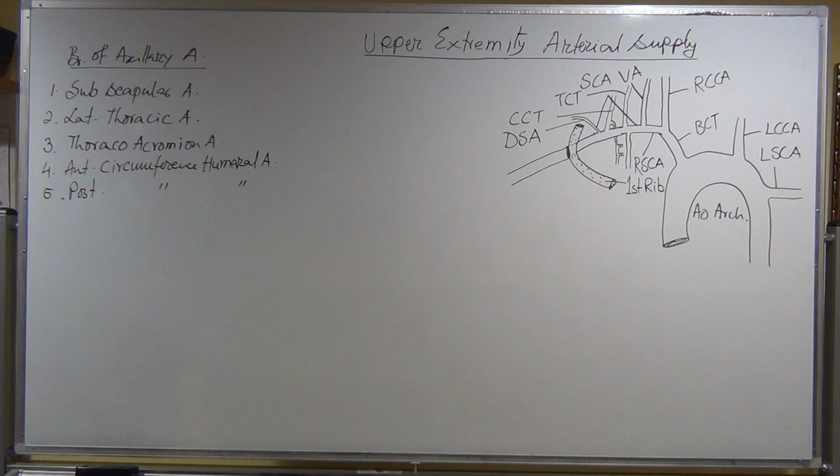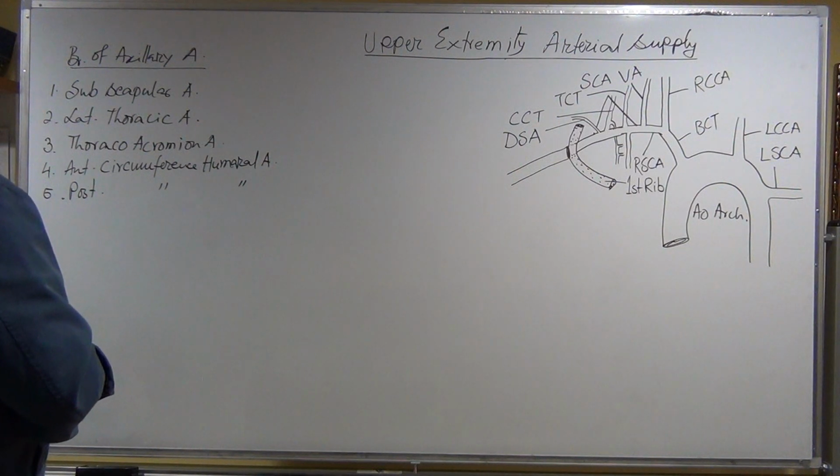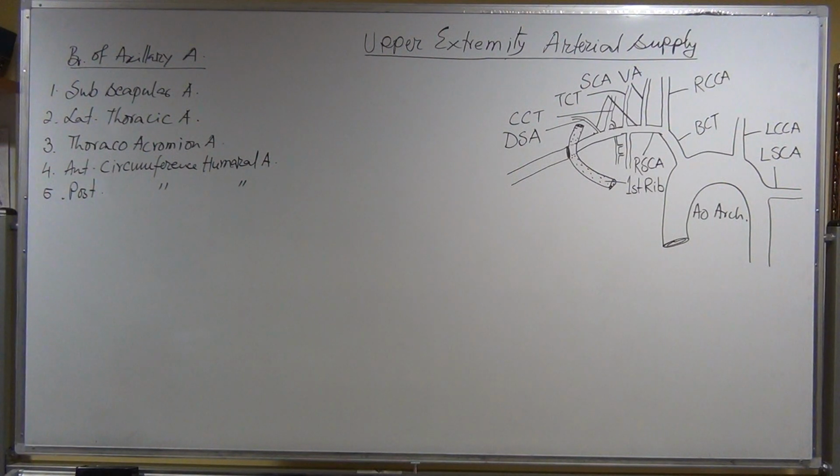Okay, thoracoacromion artery, anterior circumflex humeral, posterior circumflex humeral, and subscapular.